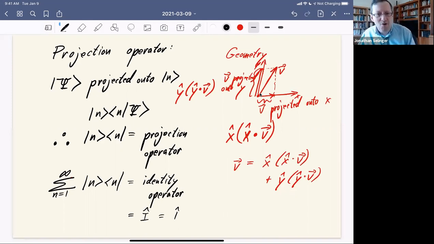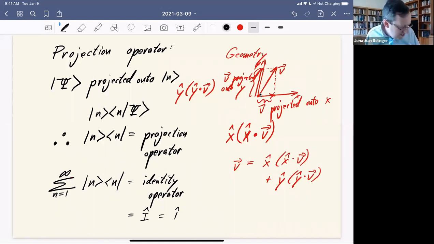Multiply by 1 does nothing. So this is a particular kind of operator, a trivial operator that does nothing, but sometimes that's useful in calculations. And I will use that in the calculations coming up.